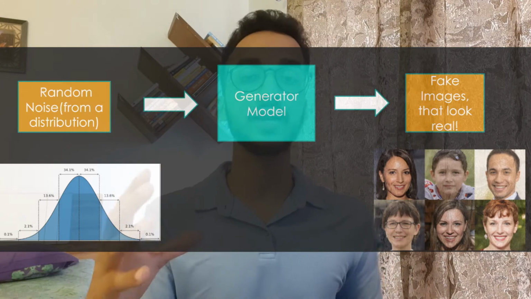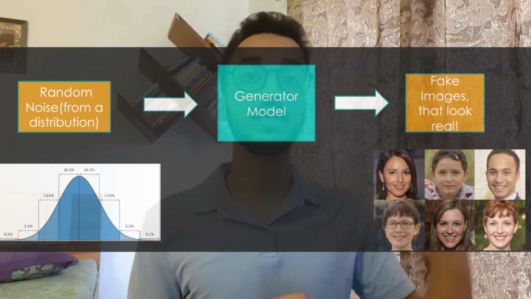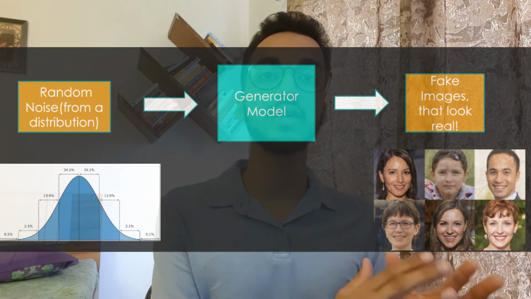The GAN is a particular form of neural network that is designed to create realistic looking images for most use cases. It consists of a generator and a discriminator network. The job of the generator network is to take some random noise and construct realistic looking images from it. The job of the discriminator is pretty basic.